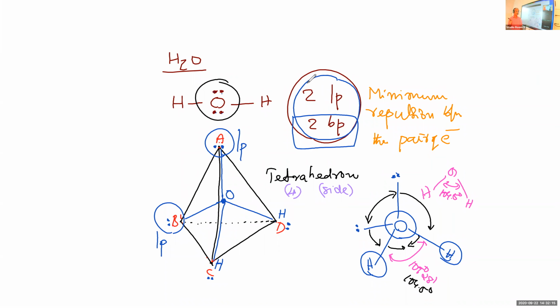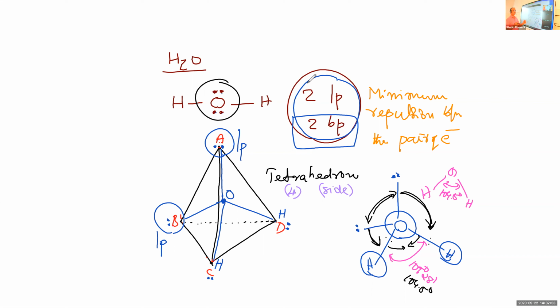But the actual bond angle is 104.5 degrees in water molecule, and that is due to the strong lone pair repulsion. Due to it, the lone pairs of electrons are coming closer to the bond pairs of electrons. Here we have the bond pair. And so the bond pair will be coming closer and the bond angle is reduced to 104.5 degrees.